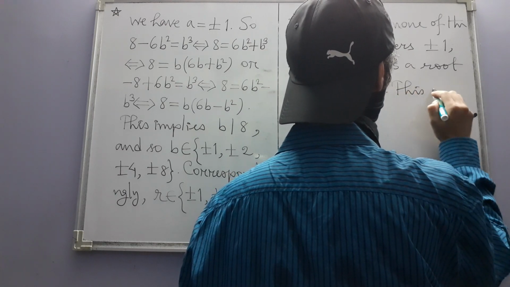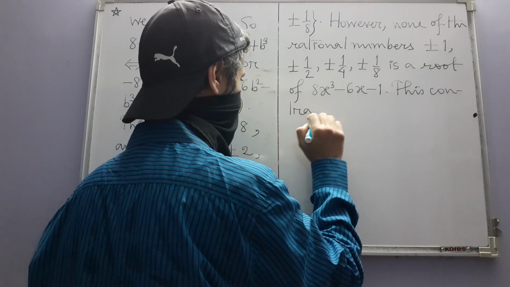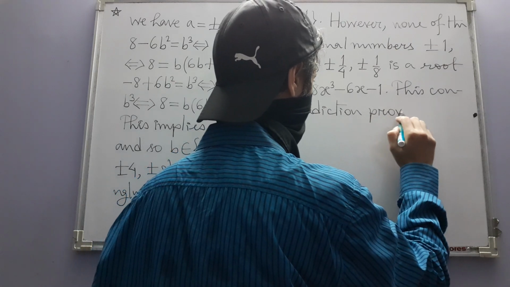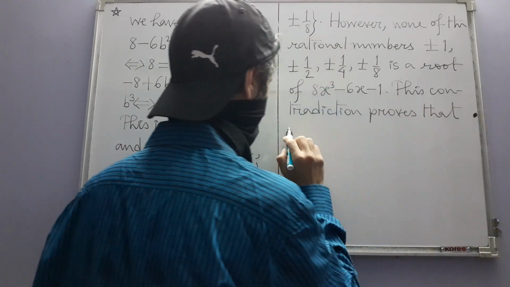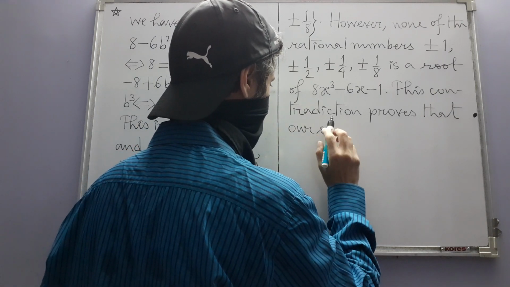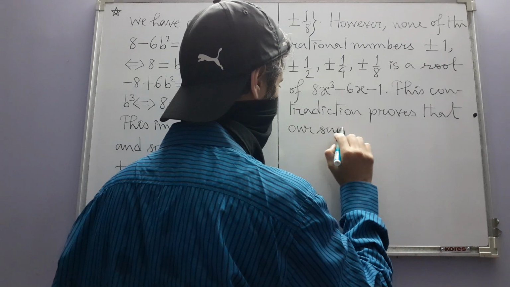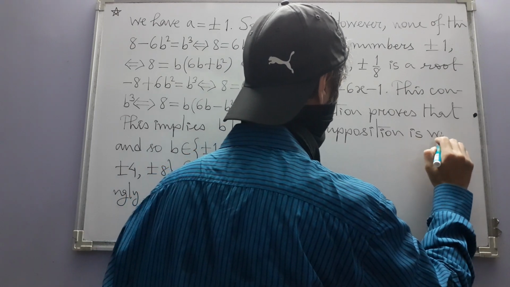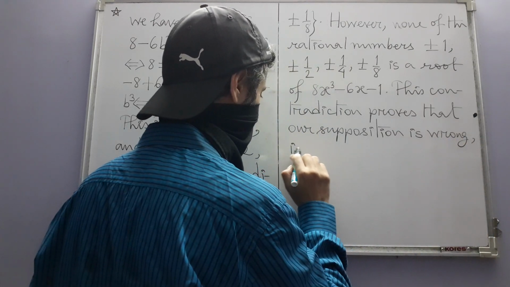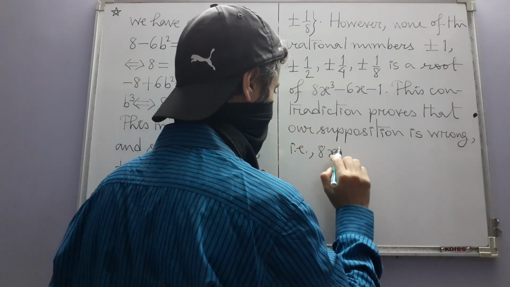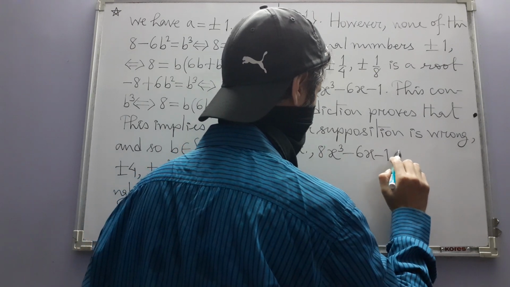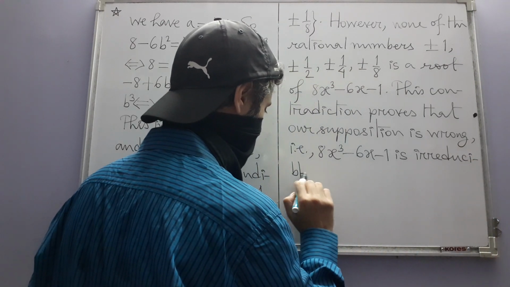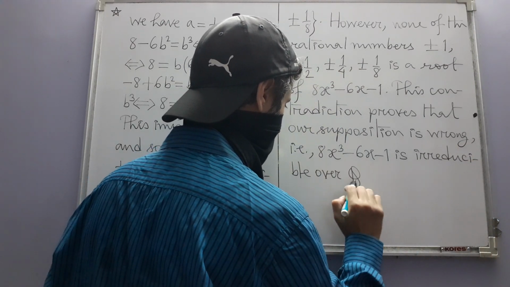This contradiction proves that our supposition is wrong, i.e., the given polynomial is irreducible over the field of rational numbers.